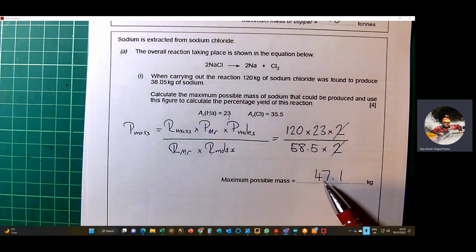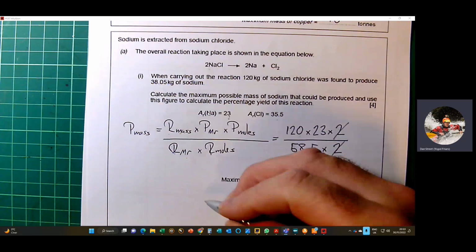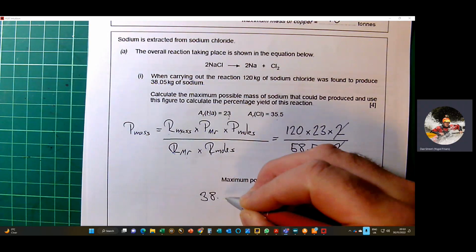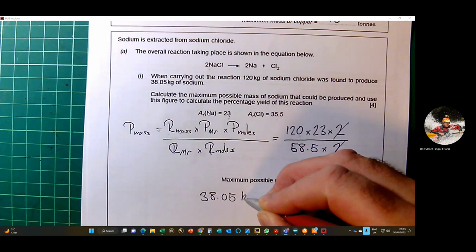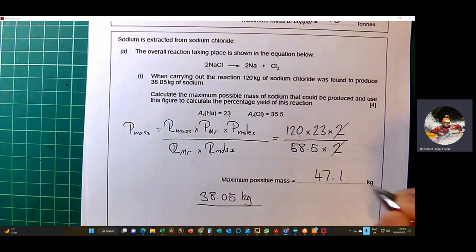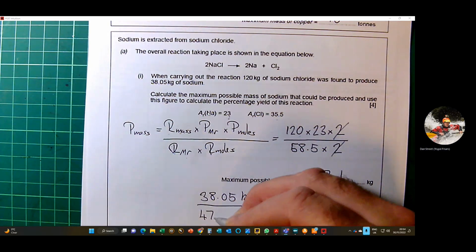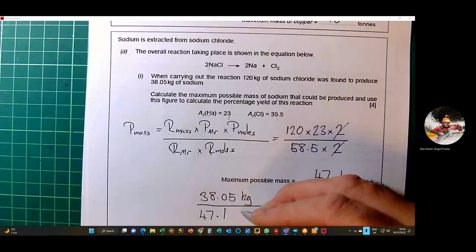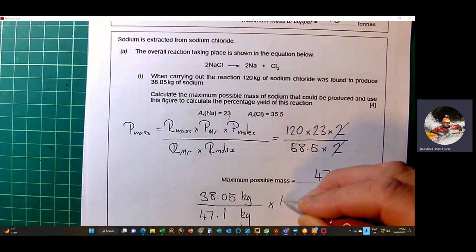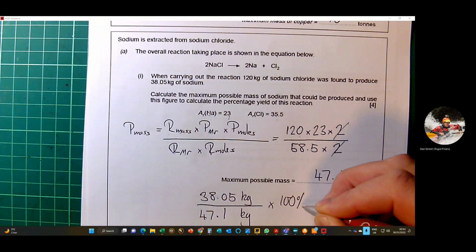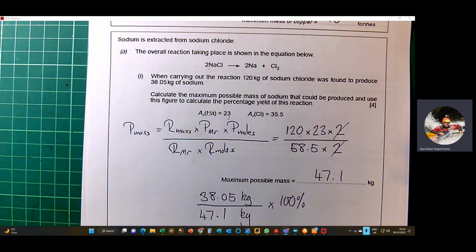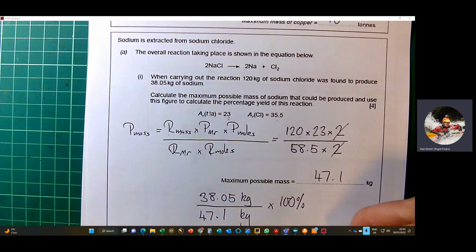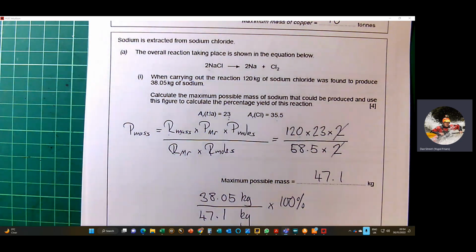And so the yield is that 38.05, that's what's actually made, divided by 47.1, times 100%. Okay, and we'll find that that's in the region of 81%. Okay, so that's that then.